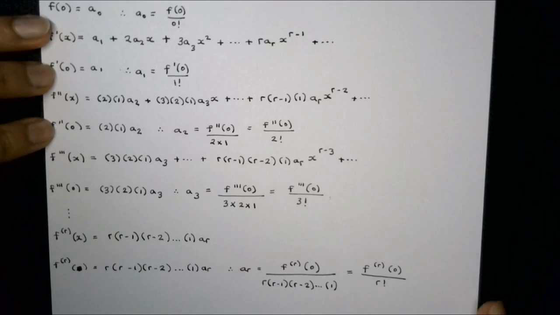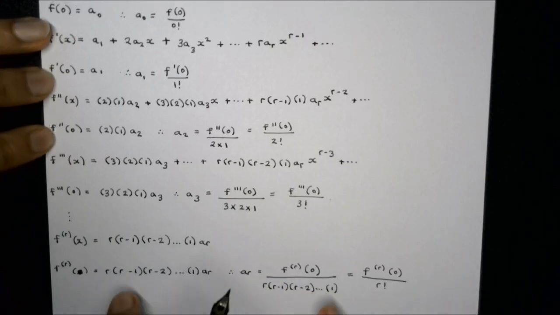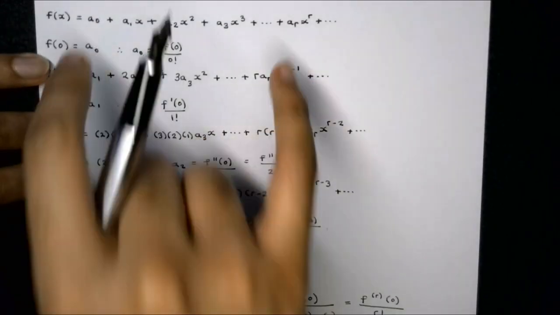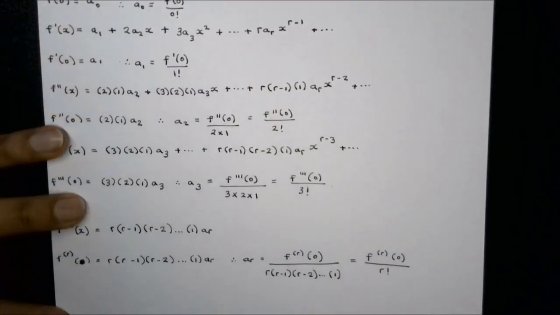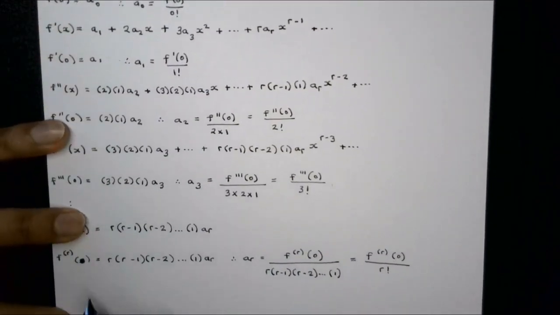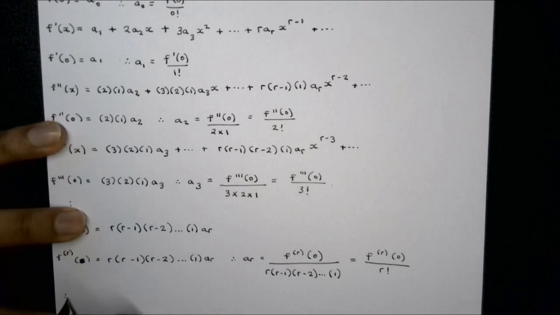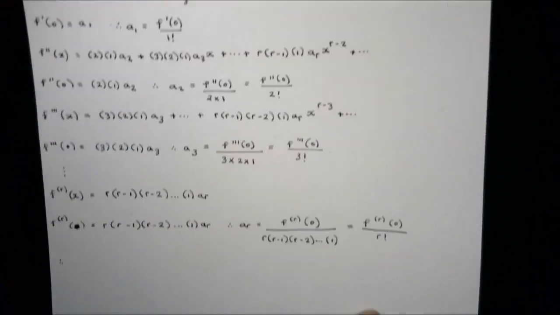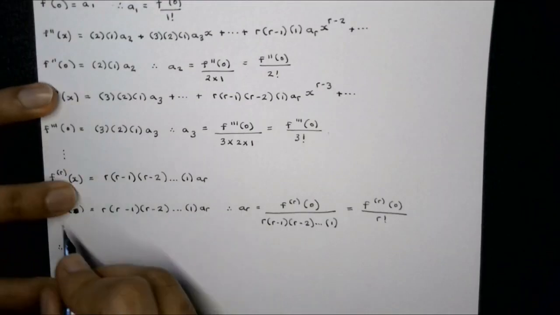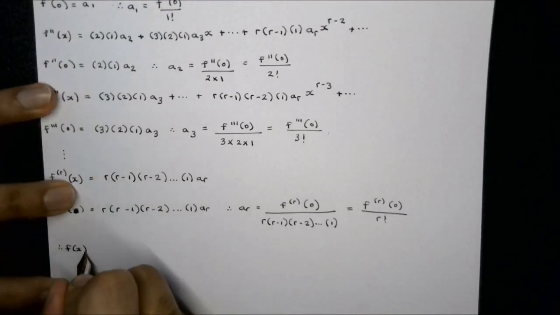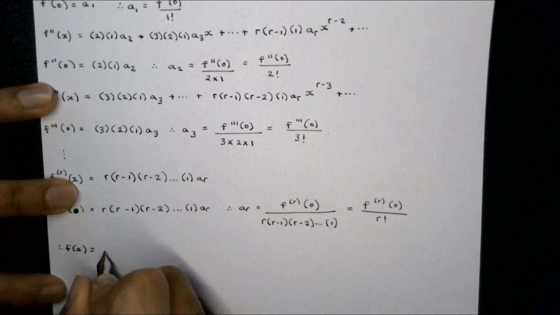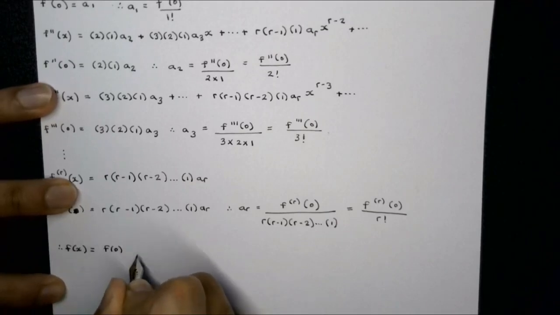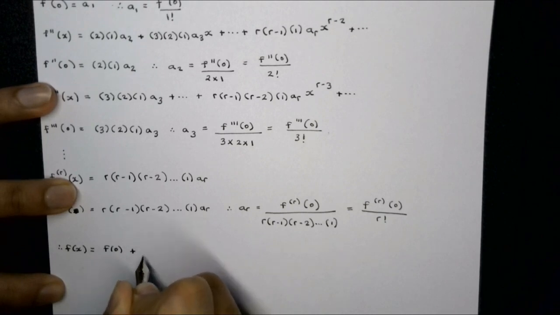So now all we need to do is substitute all these results back into what f of x is. So if we do that, what you can hopefully see here is that f of x is equal to a0, which we said is f of 0, plus a1x.